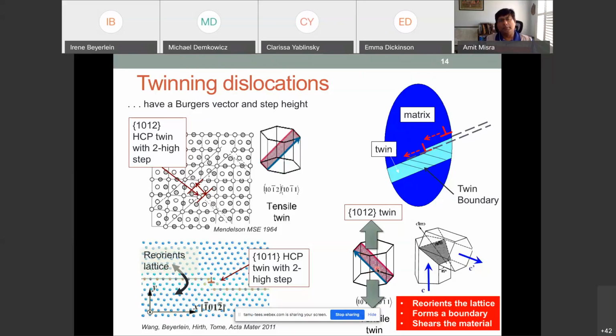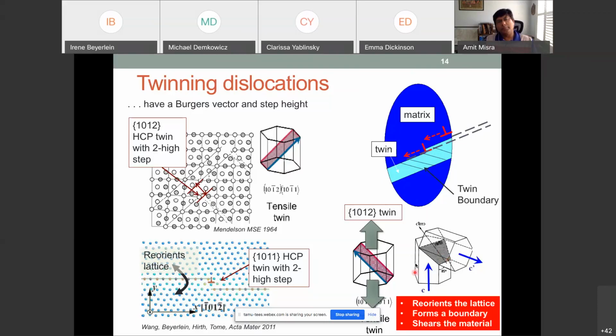It would then build a volume, and in that volume, it would be reorienting. It would be changing the stacking fault, which would then rearrange the atoms such that it would appear to be a reorientation of the lattice. Now, that amount can be significant, enough that you can easily see it in an orientation map.